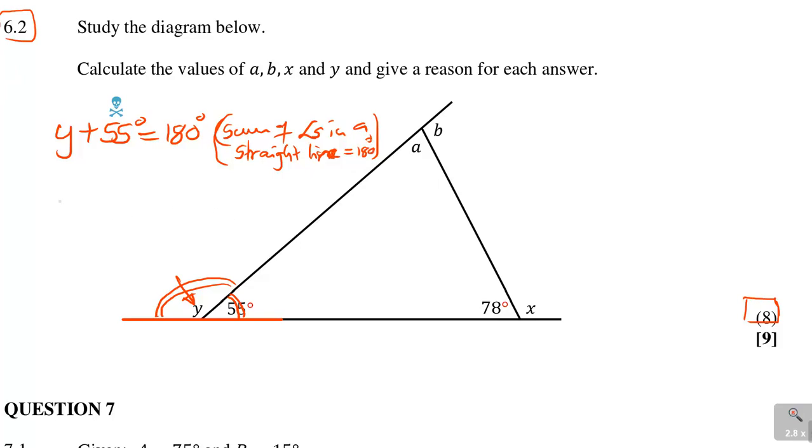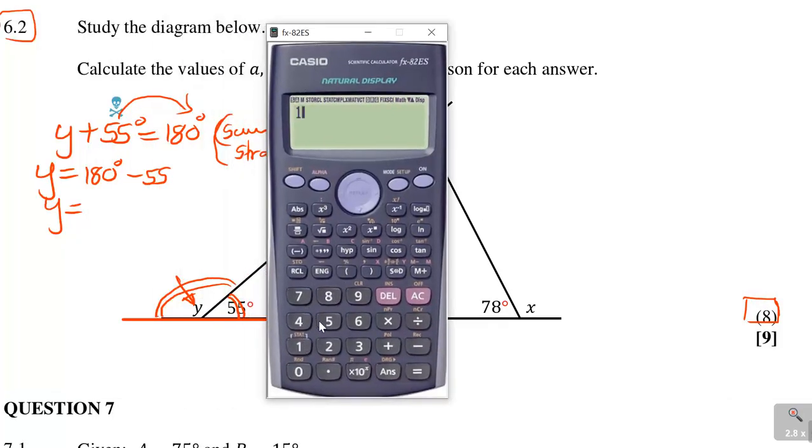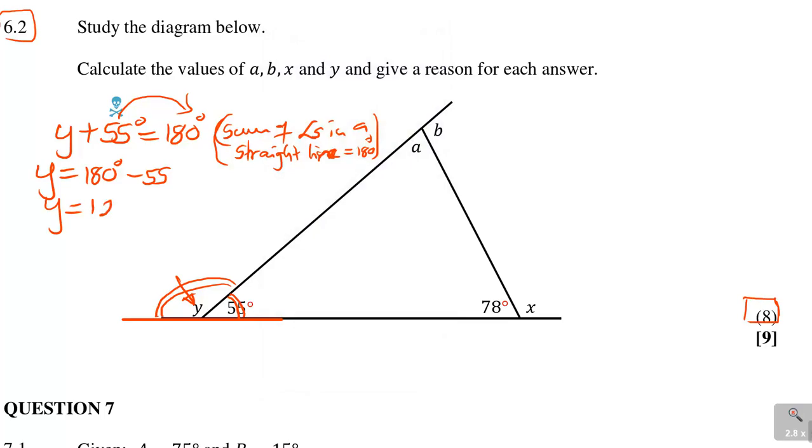So if I solve for y, 55 goes to the other side: y is 180 degrees minus 55. If I take a calculator, 180 minus 55 gives me 125. So I've got 125 degrees for this one.